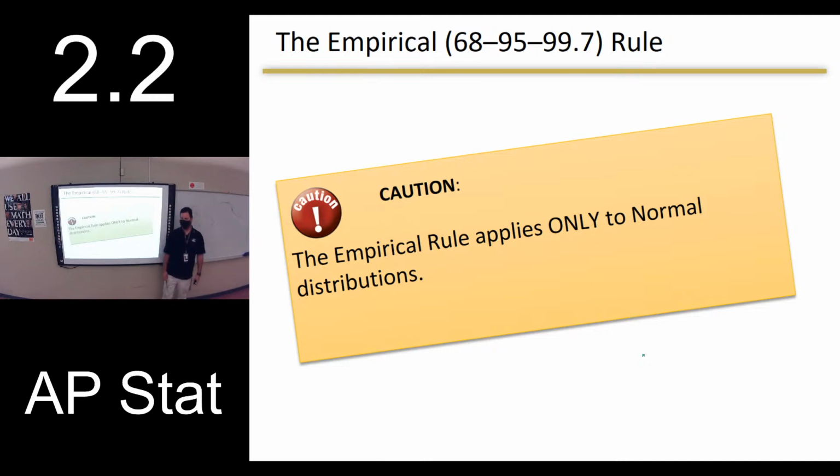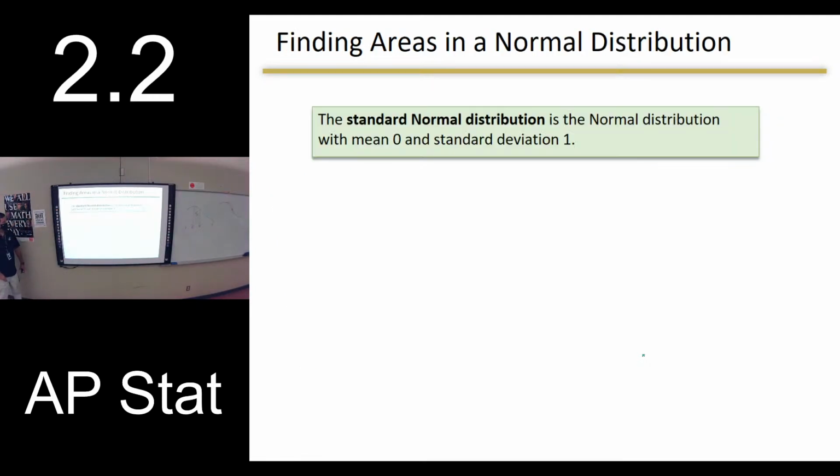So please do not use the empirical rule for anything else other than a normal distribution. And I'll get you on the test on that. Because you guys are so used to using normal distributions, and if I tell you on a test this is a uniform distribution, most of you are going to use the normal distribution stuff for it. So just be careful of that. Be very, very careful.